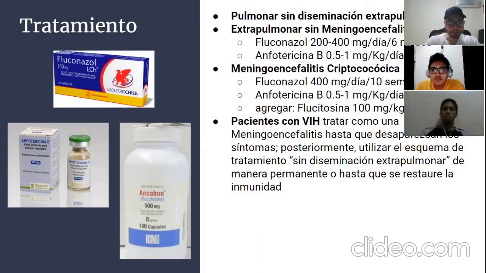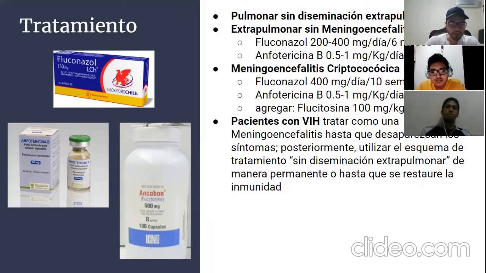In the patient that has cryptococcal meningoencephalitis, the treatment will be fluconazole 400 milligrams a day for 10 weeks, amphotericin B 0.5 or 1 milligram per kilogram daily for 6 weeks. Also, flucytosine 100 milligrams per kilogram should be added for 10 weeks.